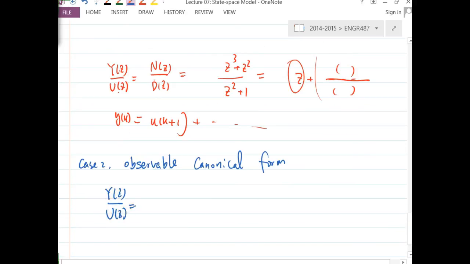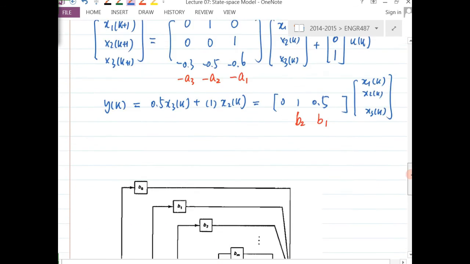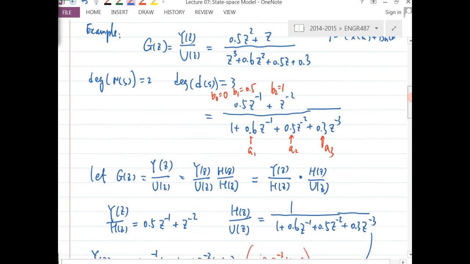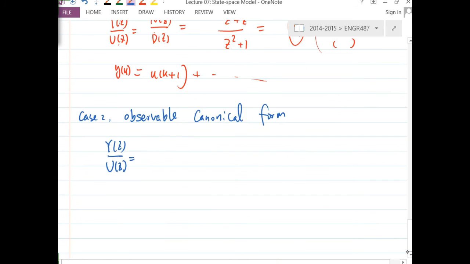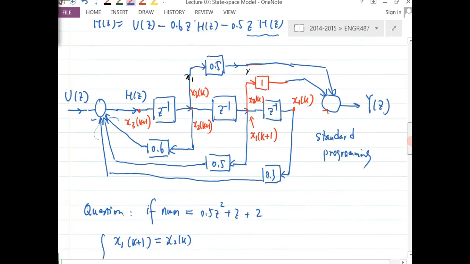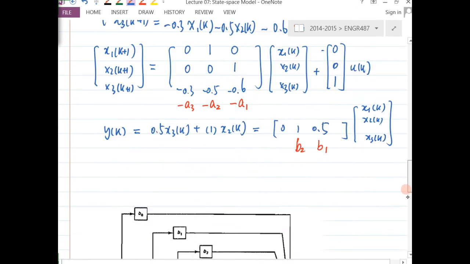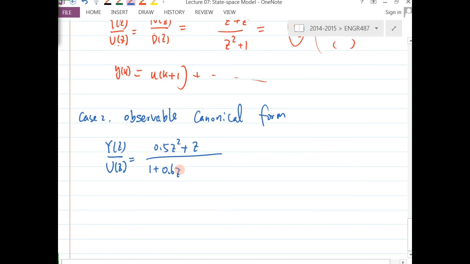Y of z over u of z equals 0.5 z squared plus that, over 1 plus 0.6, right?